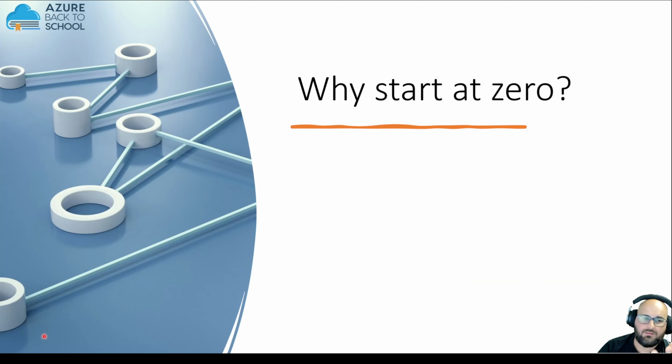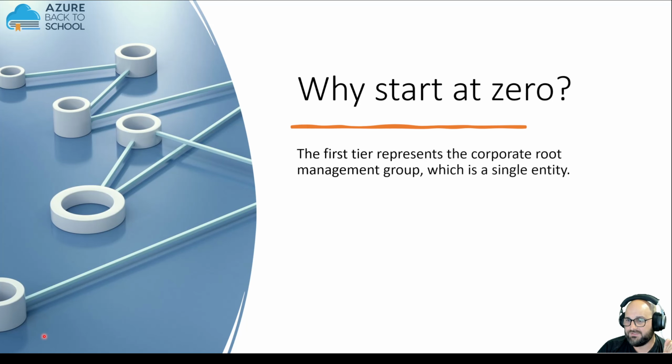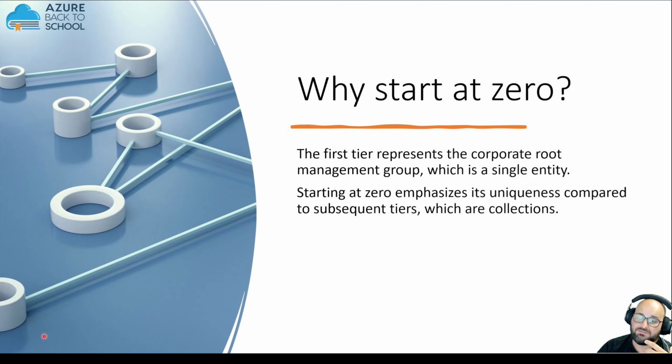So why, I'm sure you guys saw, why do we start at 0? Not just because I used to be a developer and I like to start at 0. There's actually a reason for this. The first tier, the 0 tier, represents the corporate root, which is a single entity that's different from all the other layers, because starting at 0 emphasizes its uniqueness.